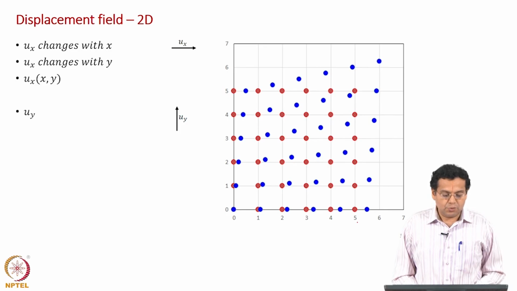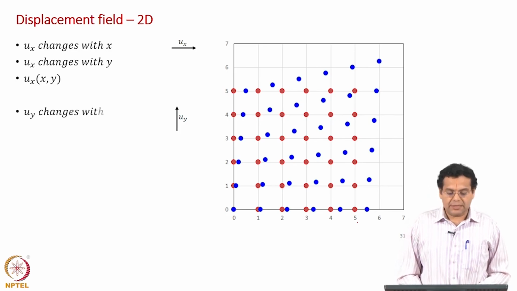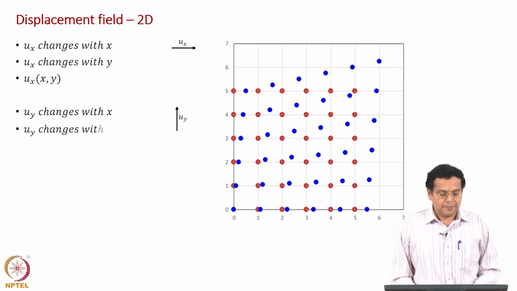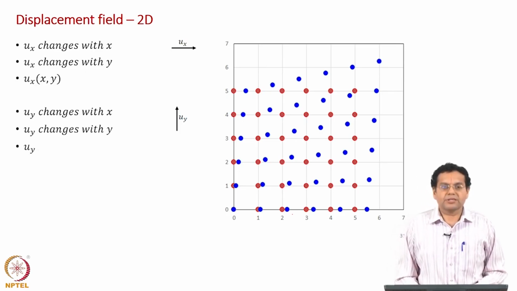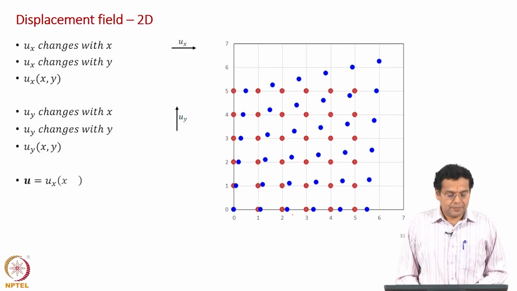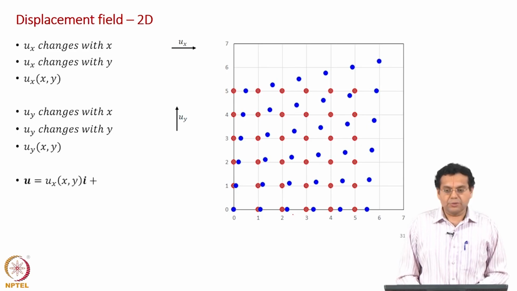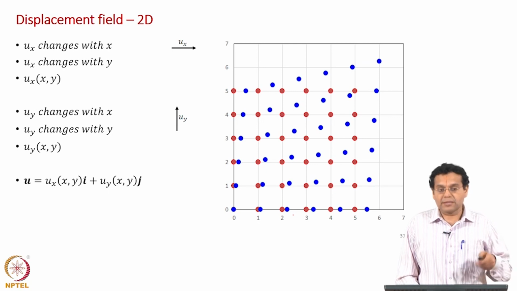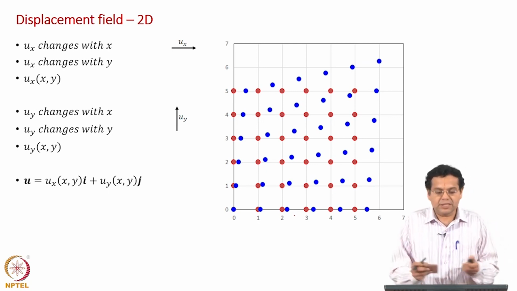Similarly, Uy changes with x, Uy changes with y, and Uy is a function of x comma y. Okay. And we have represented the displacement field in terms of a vector. U vector is equal to Ux i plus Uy j, and Ux, Uy themselves are functions of x comma y. Okay. That is a displacement field.